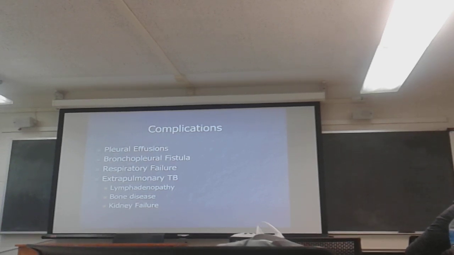So fluid collects there. Bad news. If somebody has a bad pleural effusion, it'll have to get drained out. You can do it with a little puncture, but a lot of times people need a chest tube to drain that out.